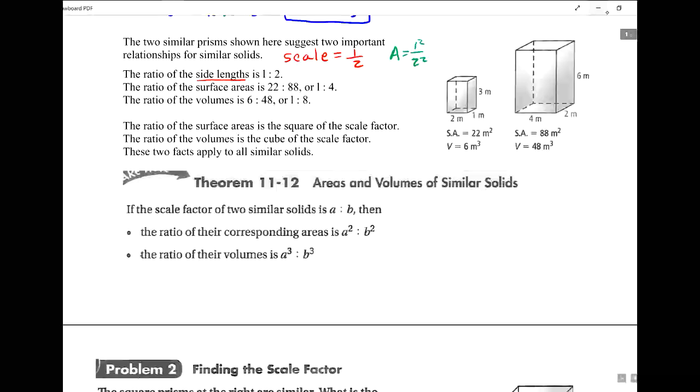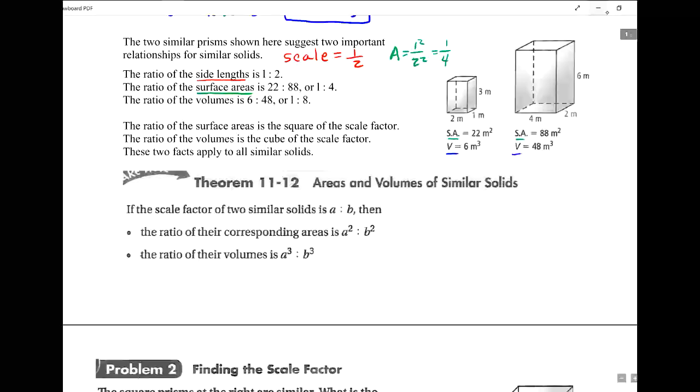So if we look at our surface areas, our surface area ratio of 1:2 is 22:88, which gives us a 1:4 ratio, just as we expected. So what do you expect of the volume ratio?